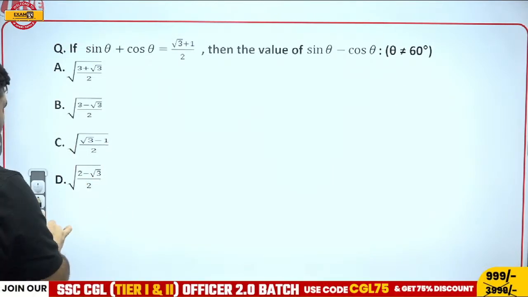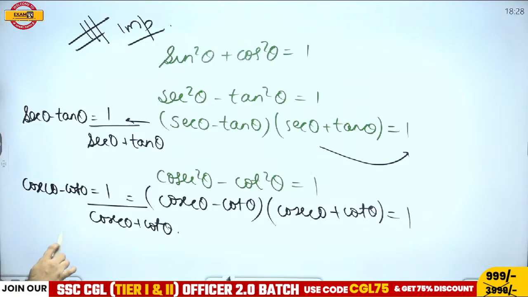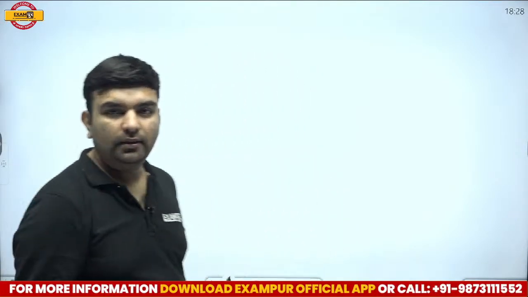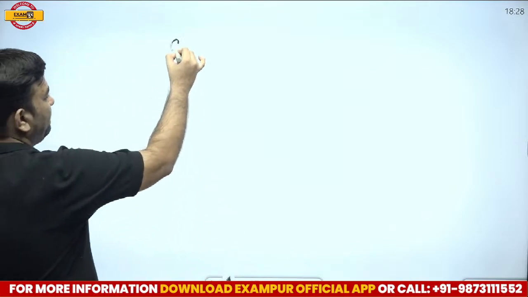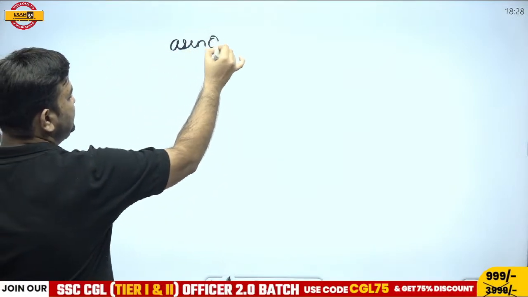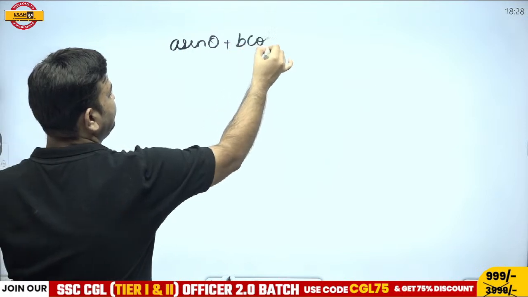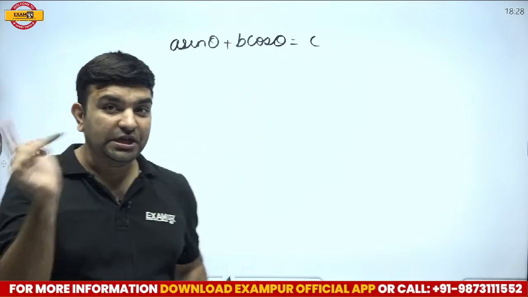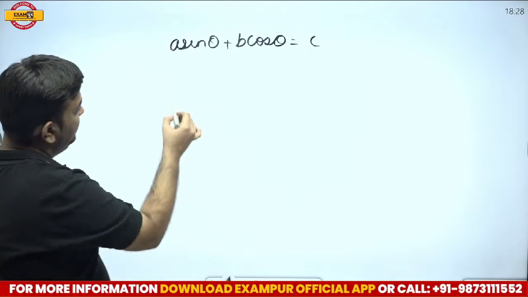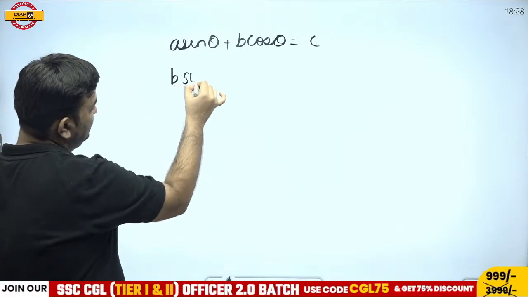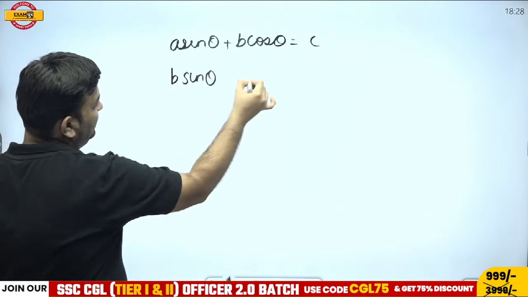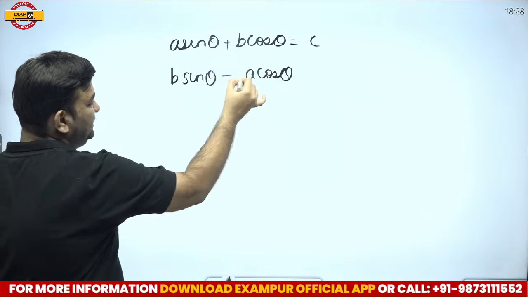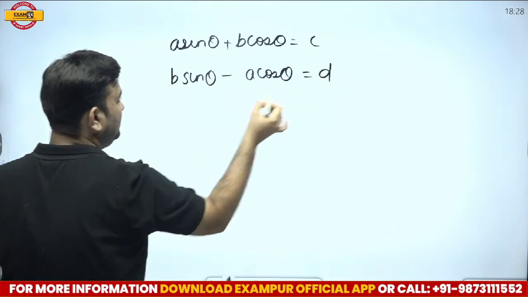I think we now need to read this property between sine and cos. If a sine theta plus b cos theta is c, interchange the coefficients, b sine theta and a cos theta, interchange the sign between them, and it is d.